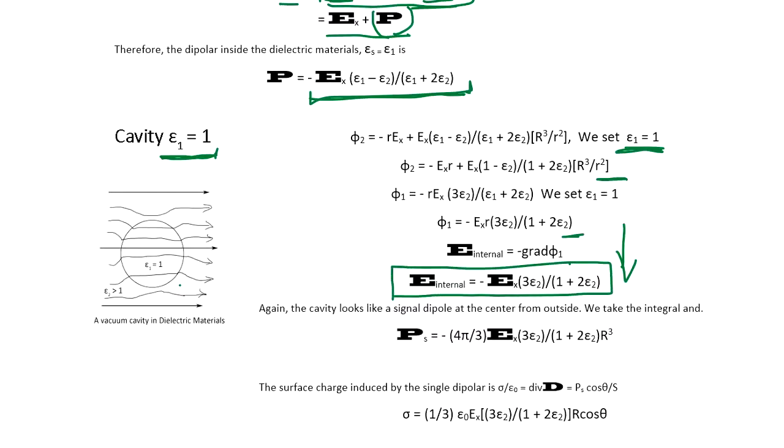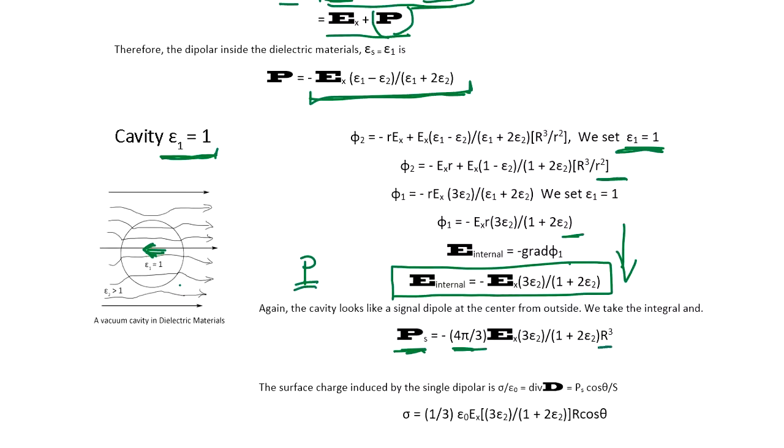So we replace the whole cavity by a single dipole. This is a single dipole, assuming the polarization is uniform within the circle.